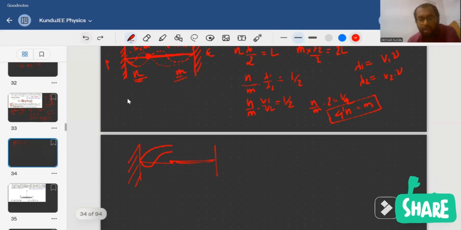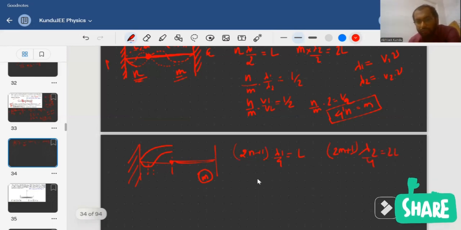So now let us assume that n is an integer whose odd multiple is: 2n plus 1 into lambda 1 by 4 is equal to L. Similarly, if that integer is m for the right hand string, 2m plus 1 into lambda 2 by 4 is equal to 2L.